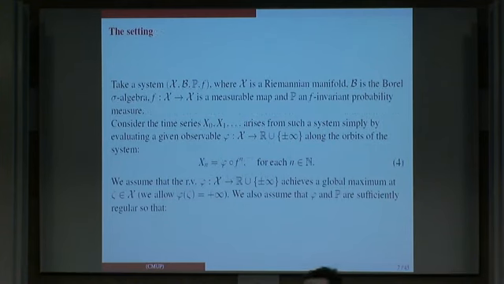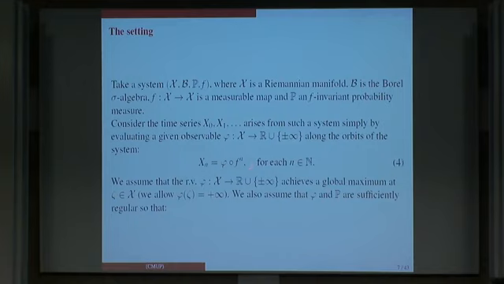Now, the idea is to put this probabilistic theory in a dynamical system context. For that, we take a system where X is a Riemannian manifold, B is just a Borel sigma algebra, F is your discrete dynamical system, telling you how transitions from a certain state happen, and P is just an F-invariant probability measure.